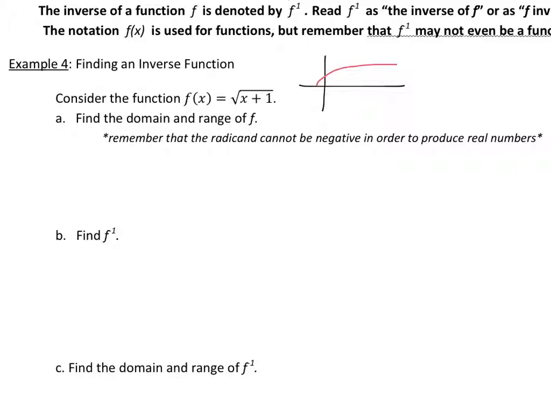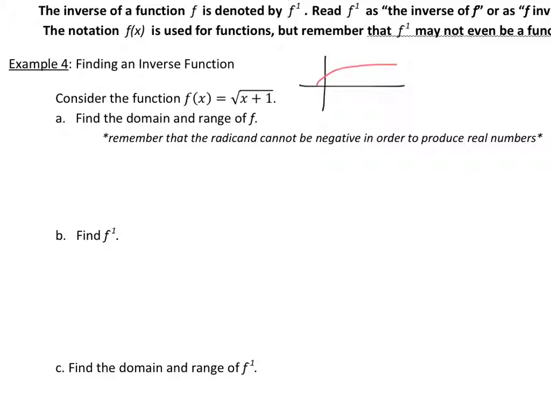We have two things that can't happen in our problems that would make our domain odd or different, not all real numbers. The first one is the denominator cannot equal 0. We don't have a denominator here, so we're not worried about that one. The next one, here with the stars, is that the radicand cannot be negative in order to produce real numbers.